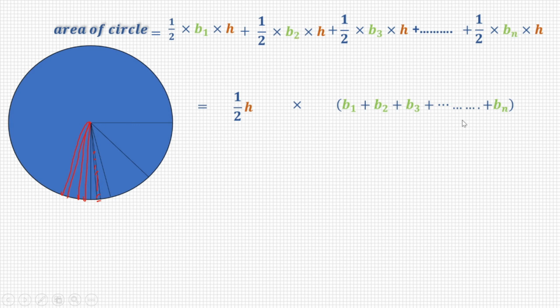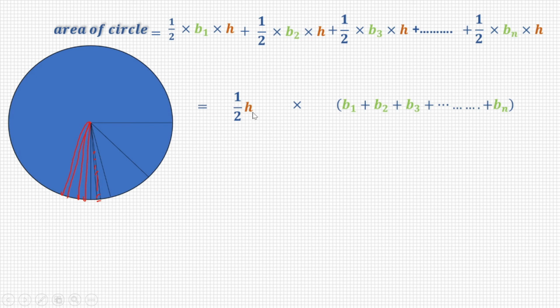Got it? So what is this? This is the area of all the triangles, and the area of all the triangles is actually the area of the full circle. So this is the formula for the area of the circle.